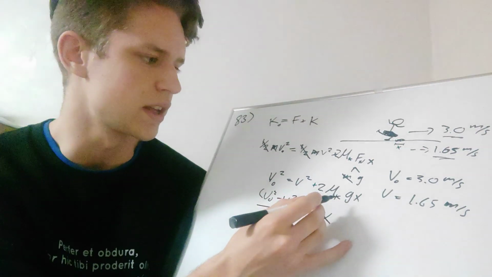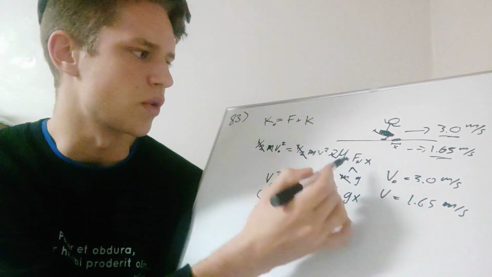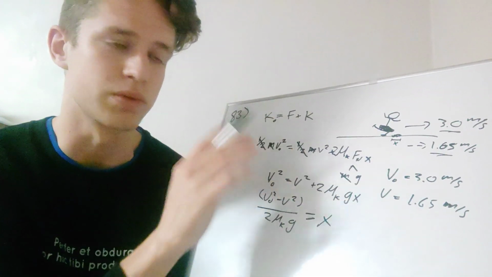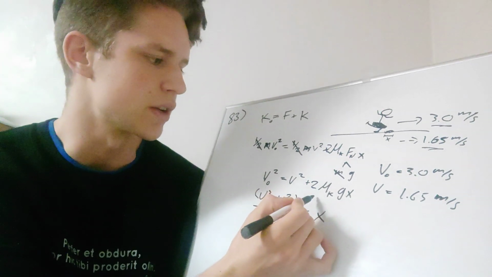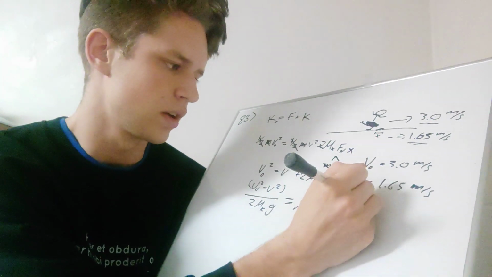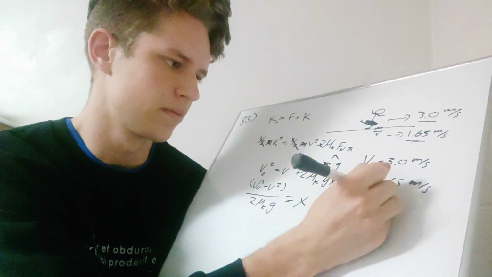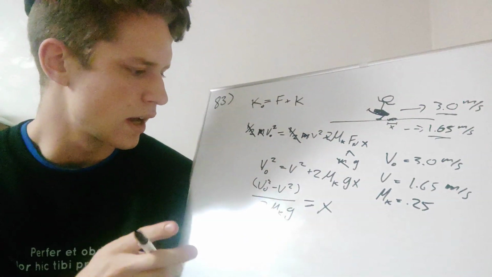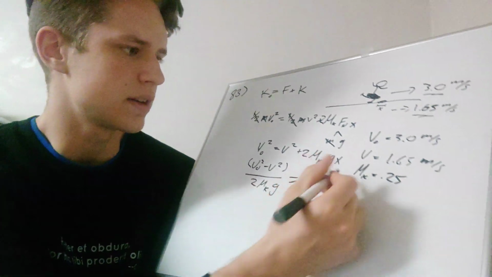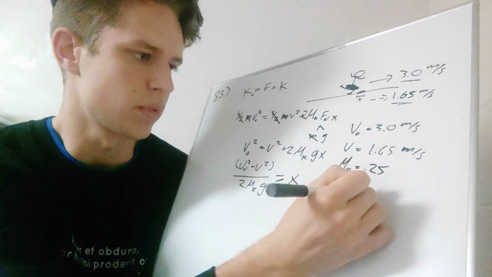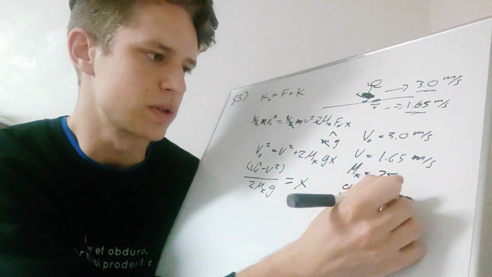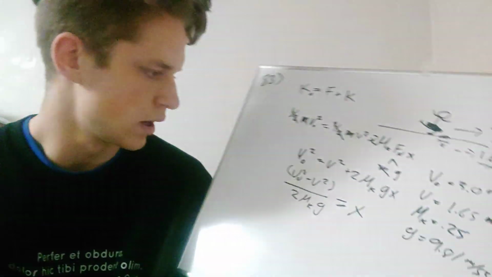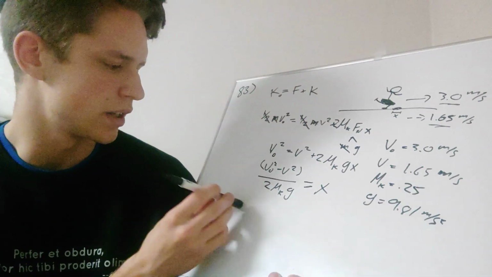So it's going to take the weight, which is the normal force, and bring it down to a fourth of that. So this mu is going to equal 0.25, which is pretty reasonable, actually. And then gravity equals 9.81 meters per second squared. At that point, I think you have everything you need to solve that.